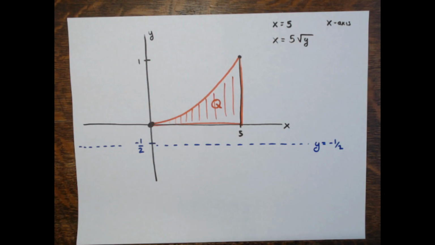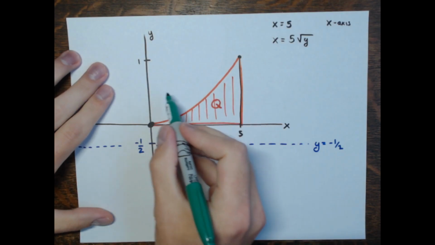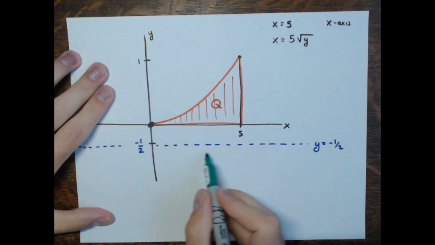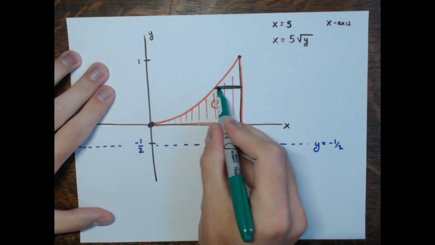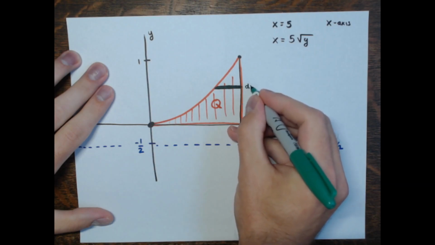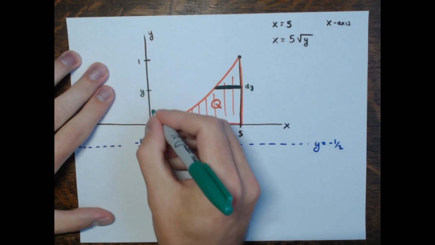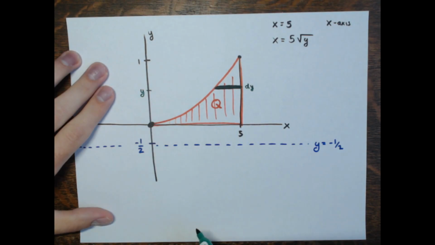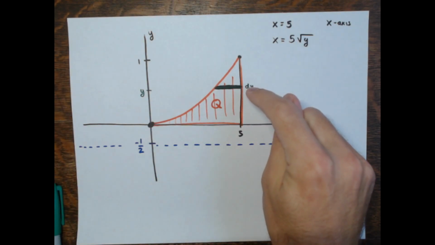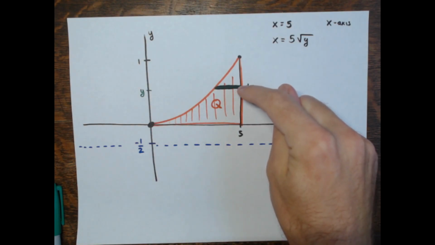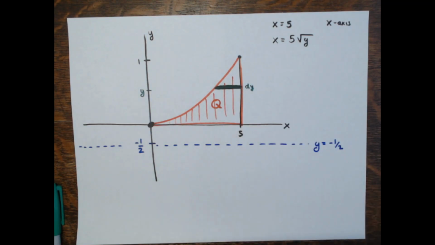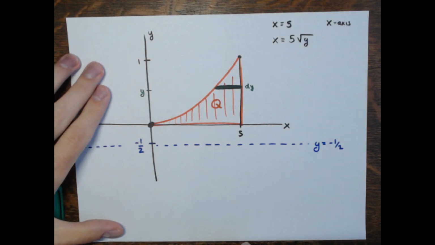So watch. If I'm doing cylindrical shells, it means I'm going to take a slice of this region, parallel to this line. So a horizontal slice. Let's say here's a slice, a thin rectangle with a thickness of dy. And this would correspond to some y coordinate here between 0 and 1. I'm not going to draw the shells too much anymore. But if I were to revolve this thin rectangle around the line y equals -1/2, I'd get a rolled up piece of paper, this thin cylindrical shell.